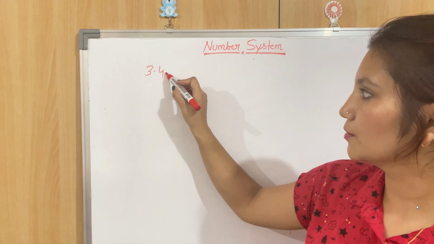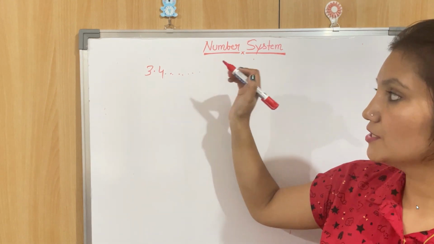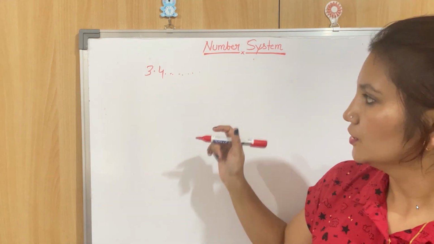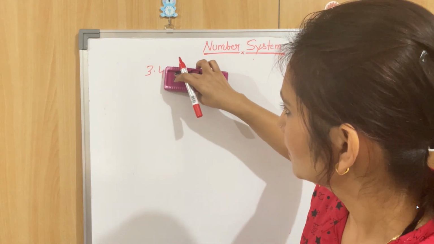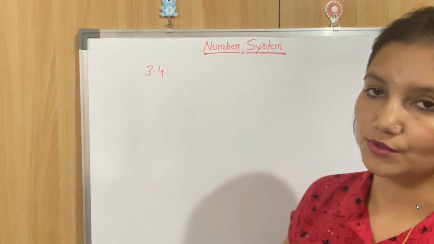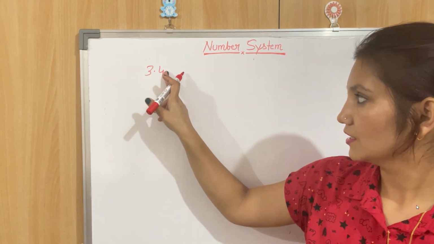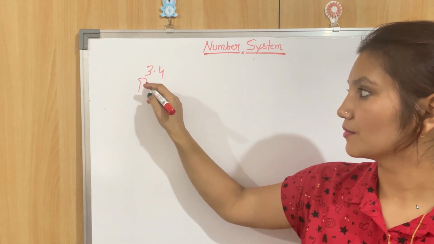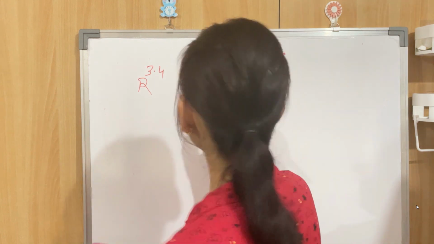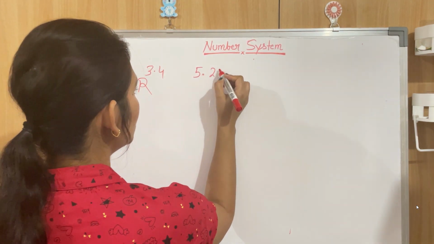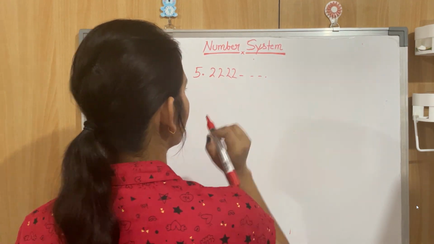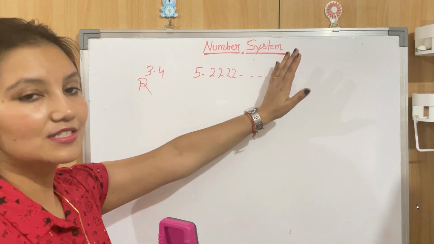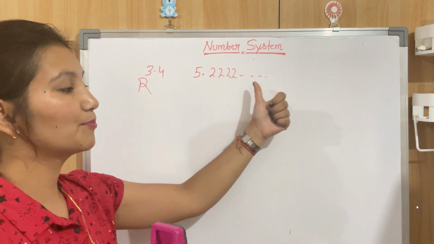If it is like 3.4 ..., it means so on. It means the division is not coming to an end, right? So if it's only 3.4, it means it's complete. So it is a rational number, right? If I say 5.2222 and so on, this division is not getting terminated, but it is getting repeated.